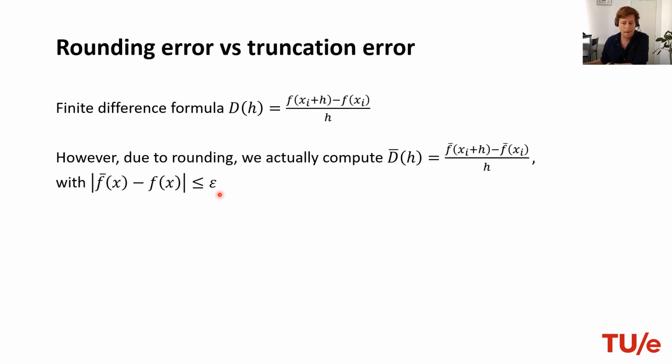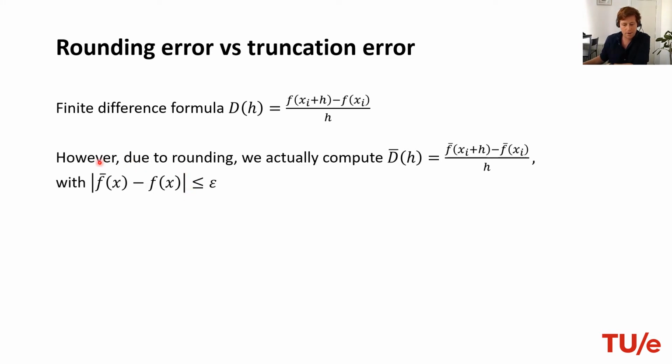But it's also dependent on the actual values of f of x. So for values that are close to 1, epsilon is something like 10 to the power minus 16 in double precision. For f being much, much larger, well, then epsilon is also quite a bit larger.